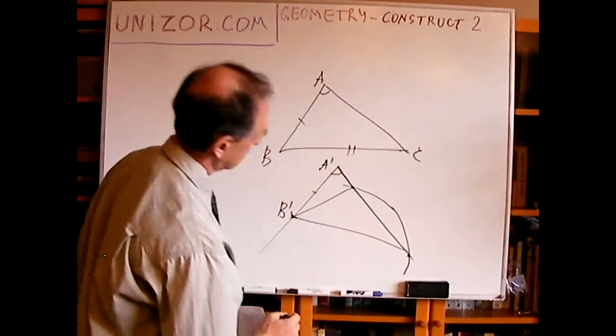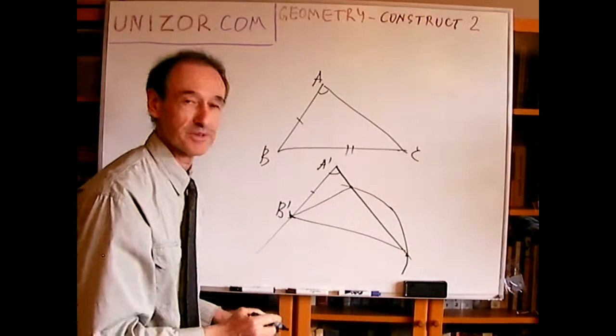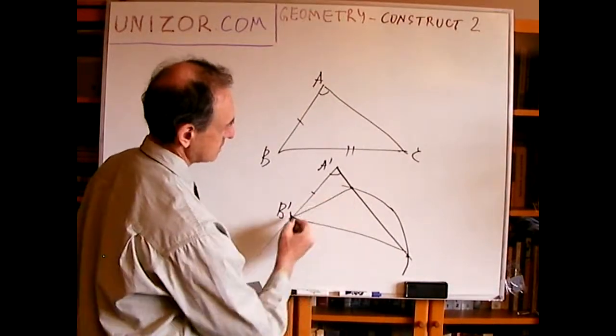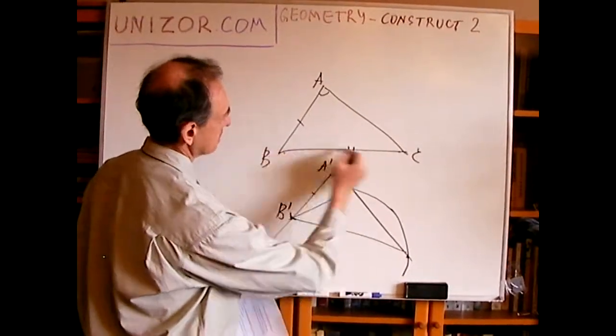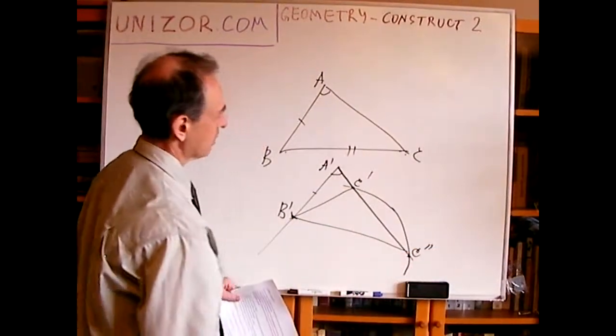Well, that's not exactly a correct drawing, I'm sorry for this, but in theory these are equal radii, equal to BC, so we have C1, C prime, and C double prime here.